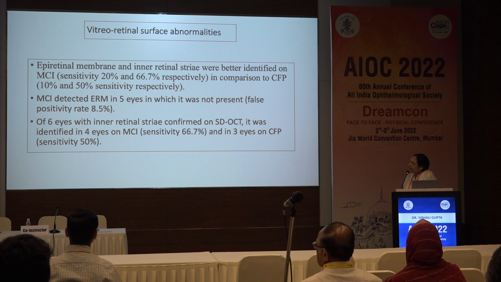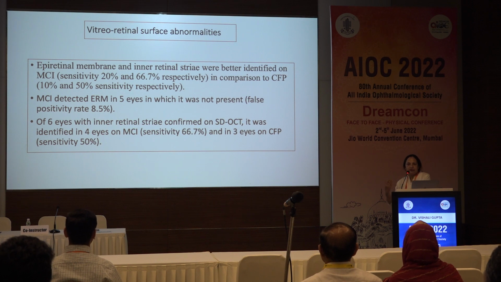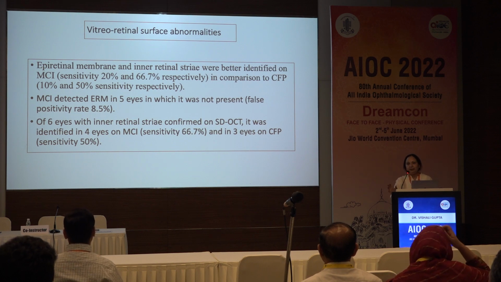When we looked at the epiretinal membrane and inner retinal striae, they were actually better defined on multicolor imaging compared to the standard color photo because of the different wavelengths that it offers, blue, green and all. So for epiretinal membrane it's good, and maybe that is what has been published for retinal pathologies.